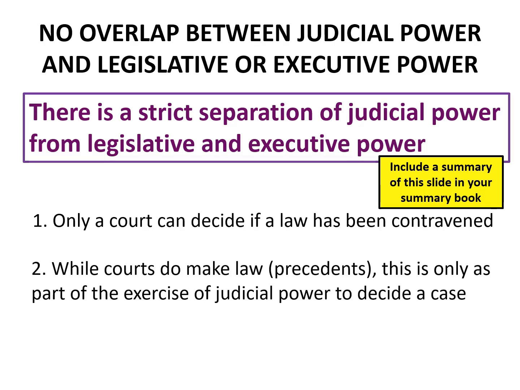Second, while the courts do make law in the form of common law or precedents, they only do this as part of exercising their judicial power to decide a case. The primary role of the courts is not to make laws, but to decide cases. That is, to resolve disputes by deciding whether a person has broken a criminal law or a civil law.